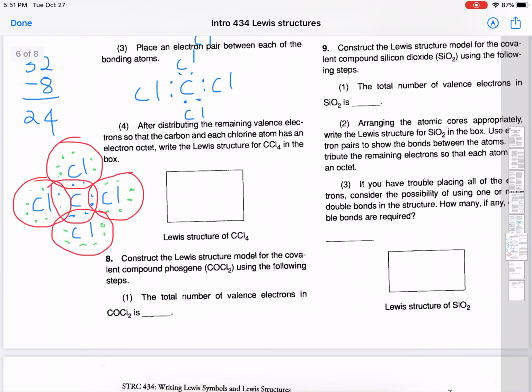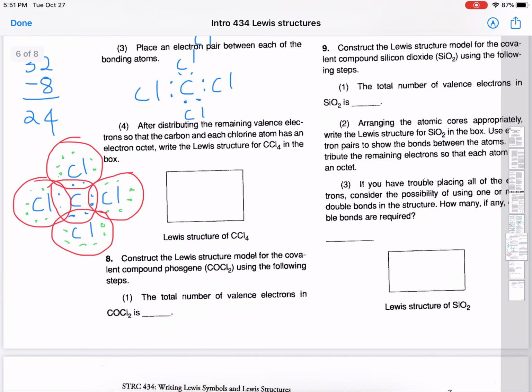And then the next one, construct the Lewis structure model for the covalent compound phosgene using the following steps. The total number of valence electrons in COCl2. So there are 3 types of atoms here. Carbon, group number 4, valence electrons 4. Oxygen, group number 6, valence electrons 6.